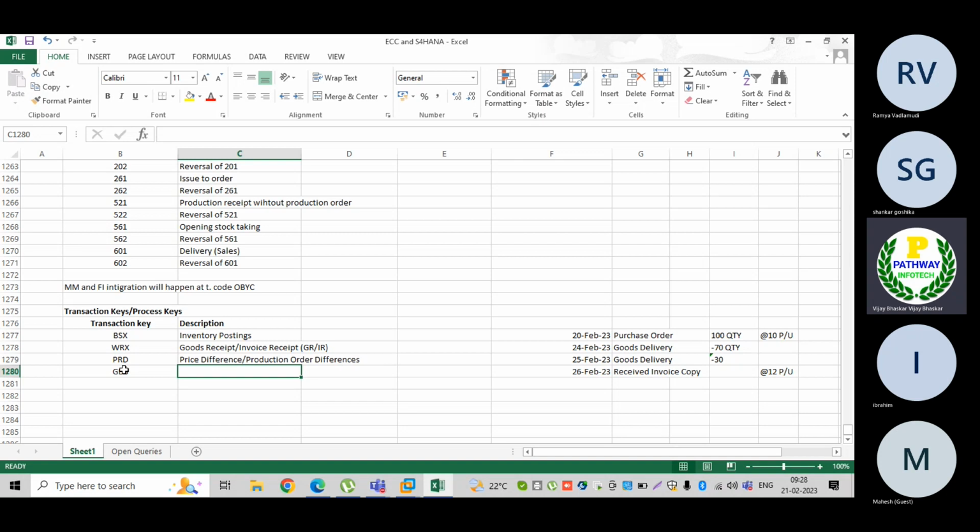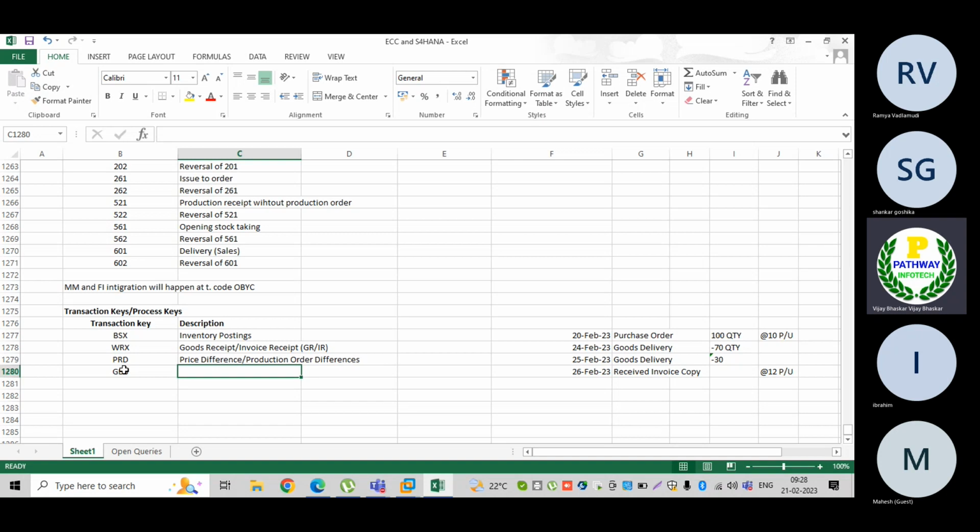In this process, once the raw material chopping is completed, it will move to the next stage, which is to make some shapes. Whatever the internal transactions are, I have issued some material, or there is a production receipt without production order.